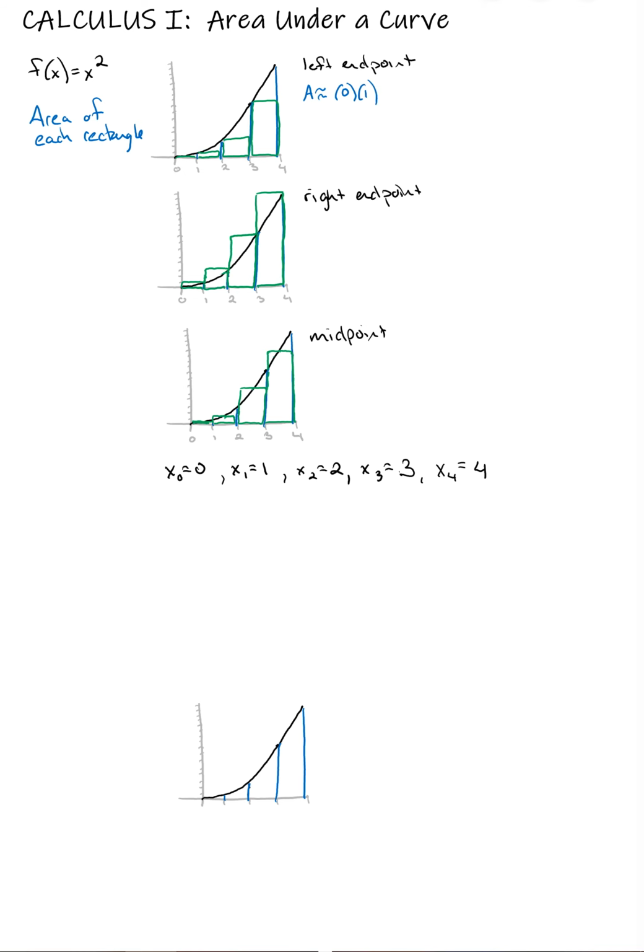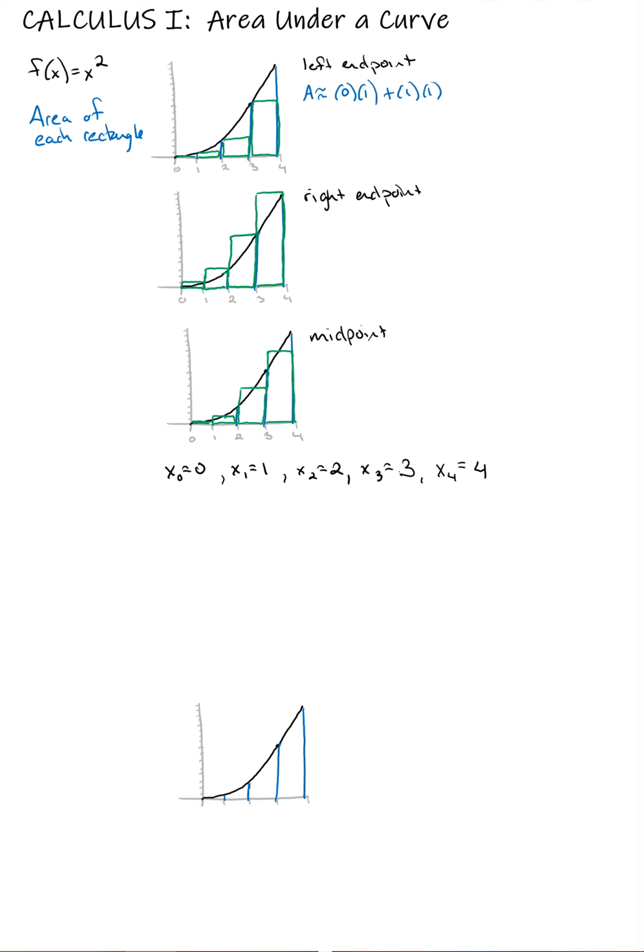In the next interval, how high does it go? Well, at 1, 1 squared, of course I'm using my function here, 1 squared is 1, so it's got a height of 1 and a width of 1.